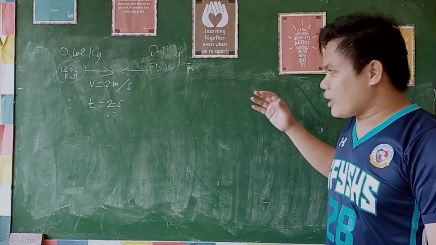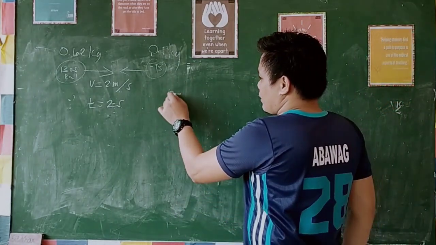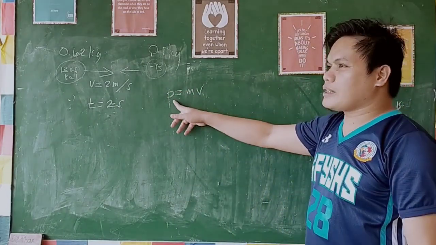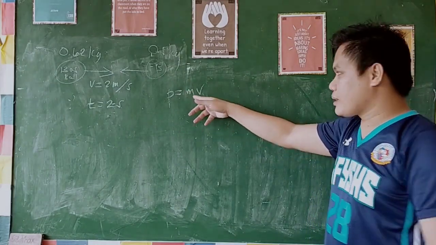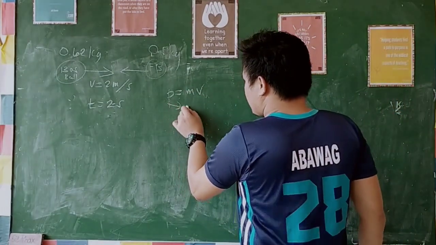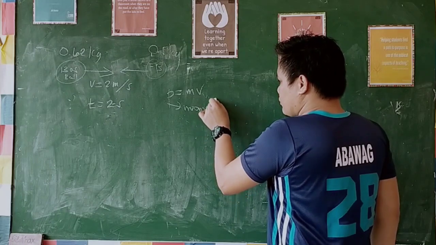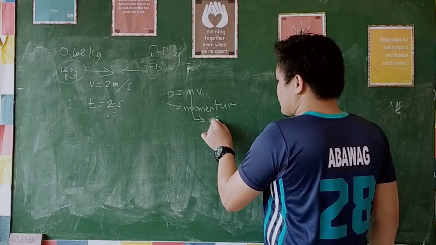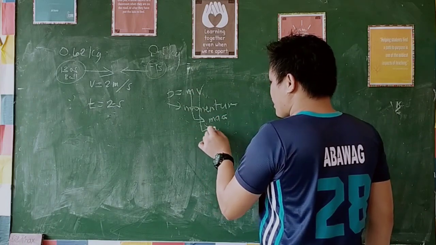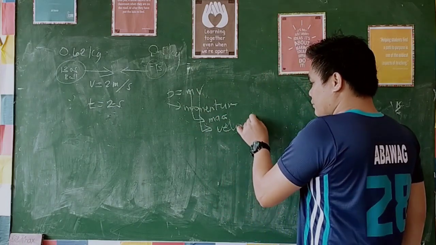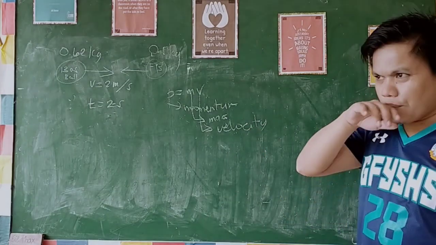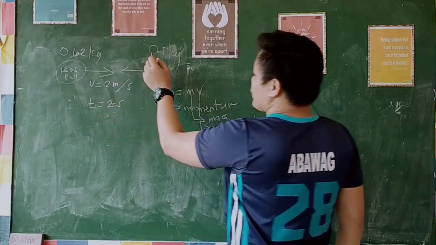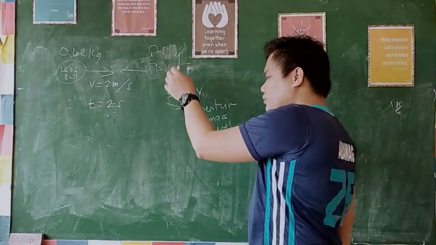Now remember that momentum is expressed as P equals mv, where P is the momentum, m is mass, and v is velocity. So our task here is to determine the momentum of the basketball and the football.